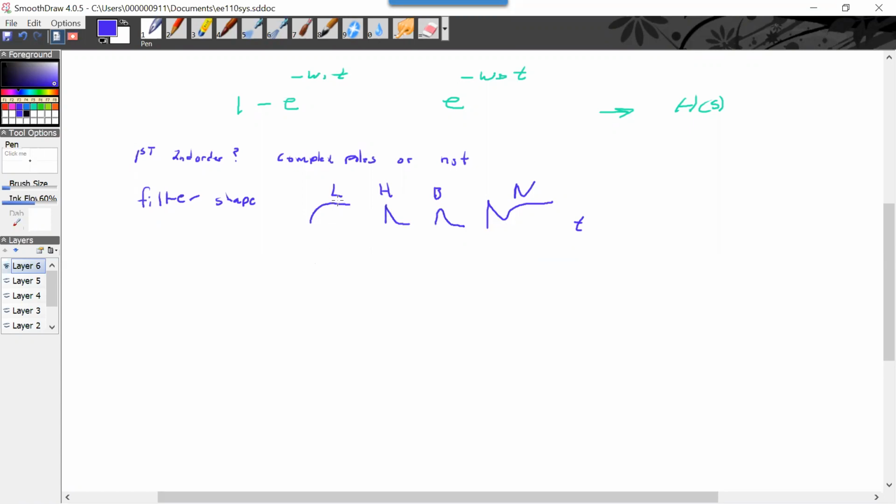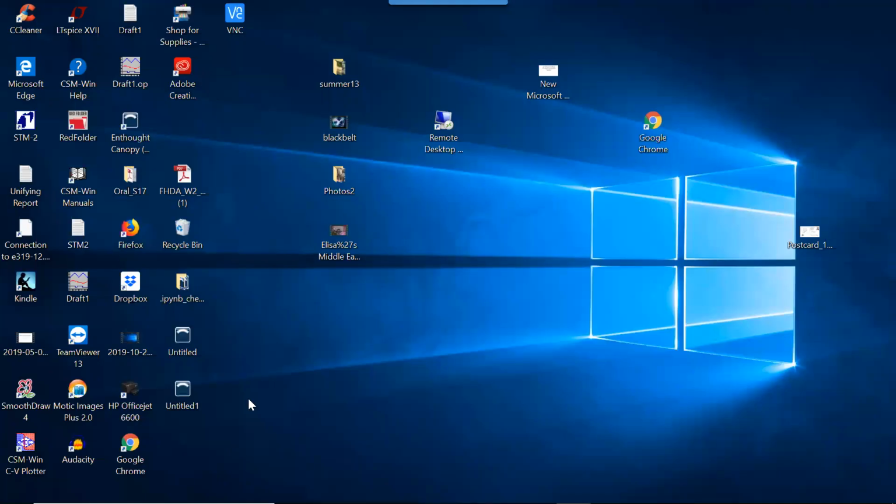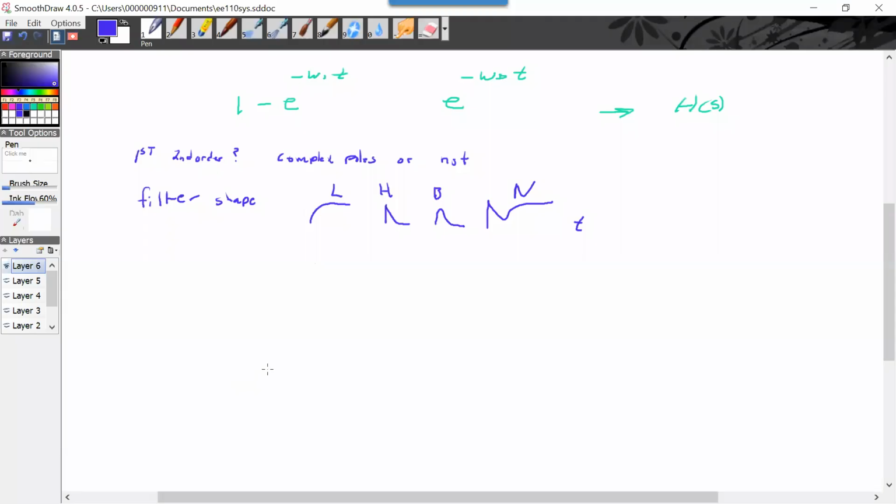If this was second order, you might see some ringing, right? Let's say we're looking at something down here, it's got minus 40 dB per decade slope. That means it's second order.